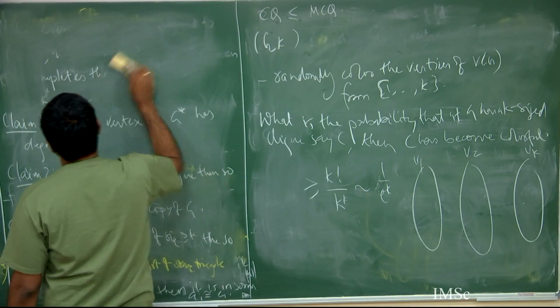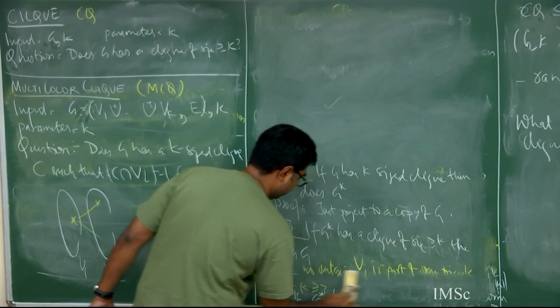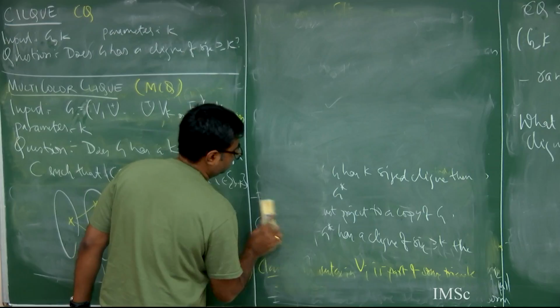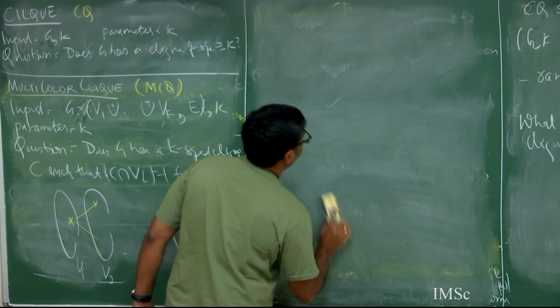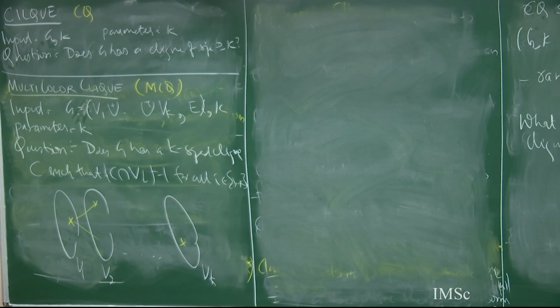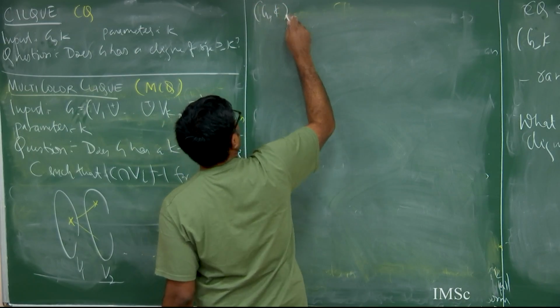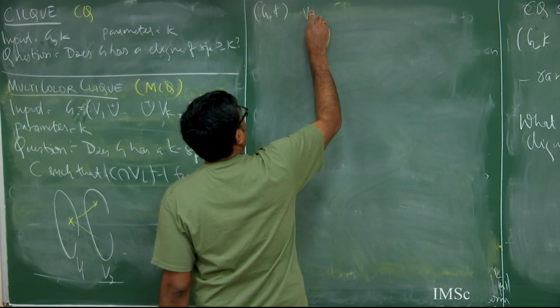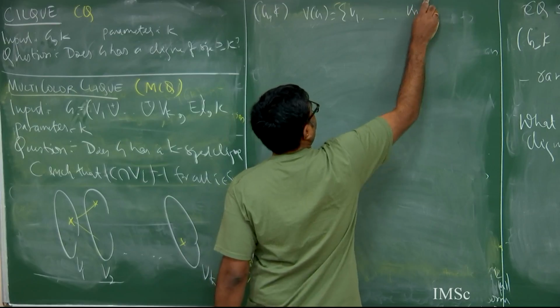So what I do is very simple. You will see it's really not very hard. Suppose I have G comma K with vertex set of G V1 to Vn.